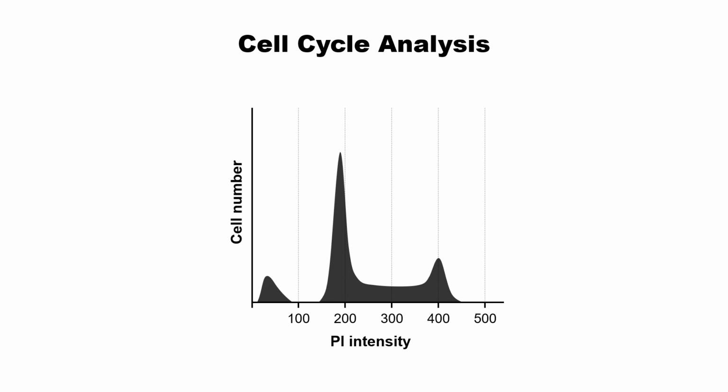Here, the x-axis is the DNA content, which was measured by PI intensity, and the y-axis is the cell number. 200 is similar to the 2n state, so that represents the G1 or G0 state. 400 is near 4n, double the amount of DNA, so this represents G2M.